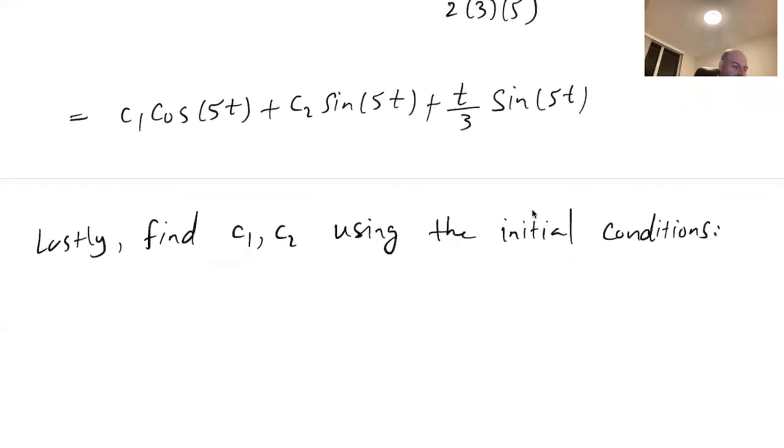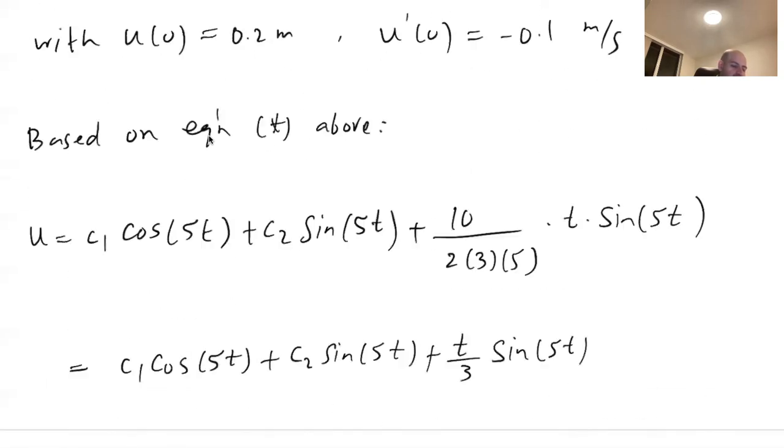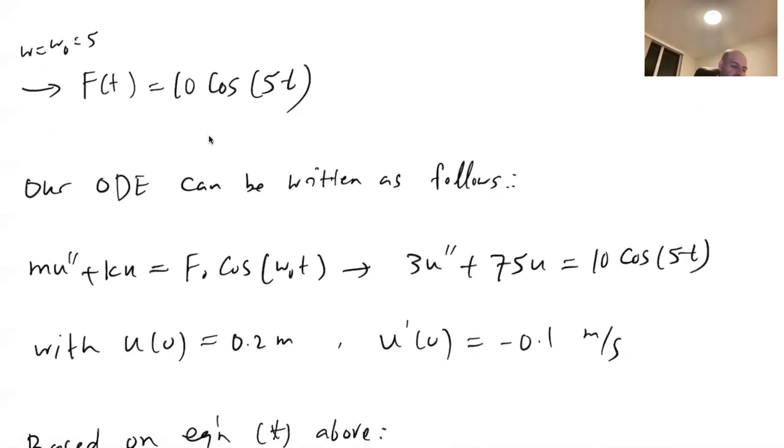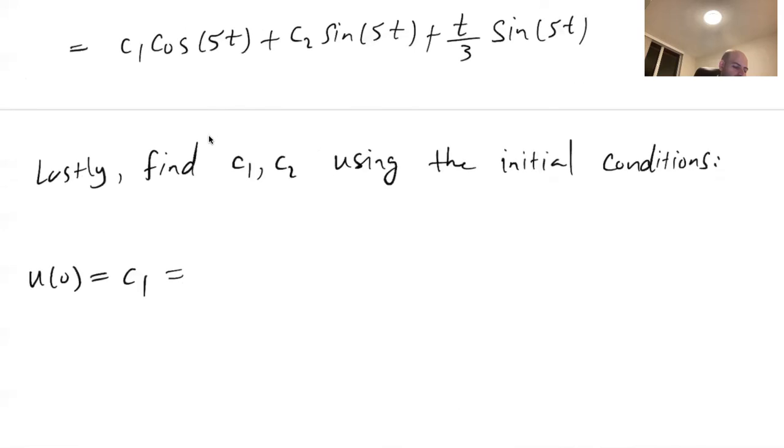We will have u of 0, which is C1. If you replace t with 0 here, this term vanishes, we'll be left with C1. And because u of 0 we know is 0.2, that gives me C1 equals 0.2.